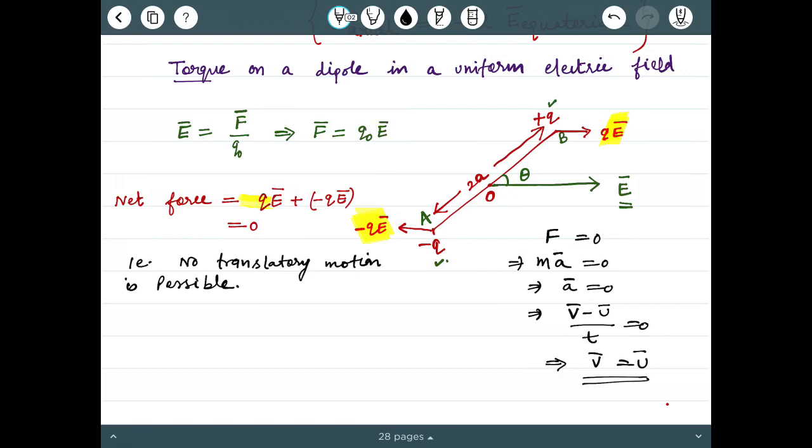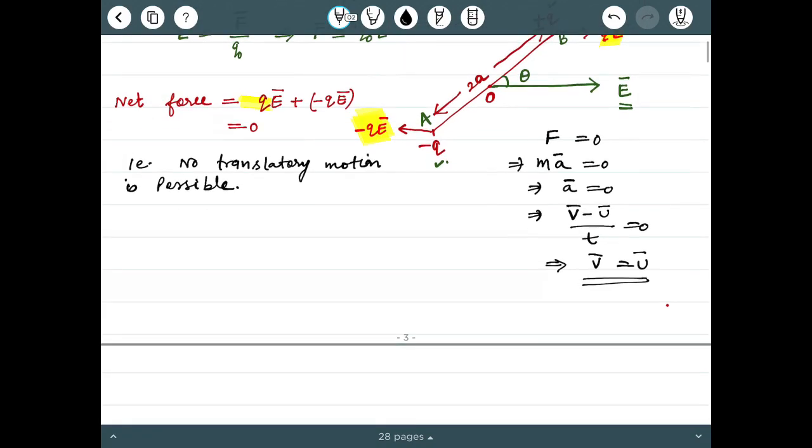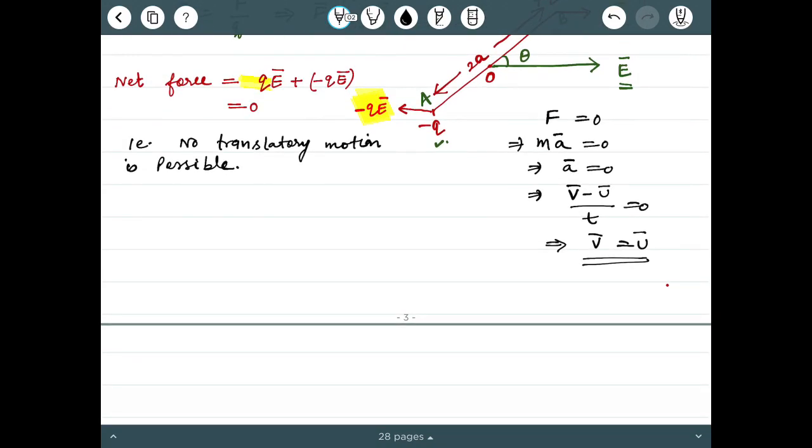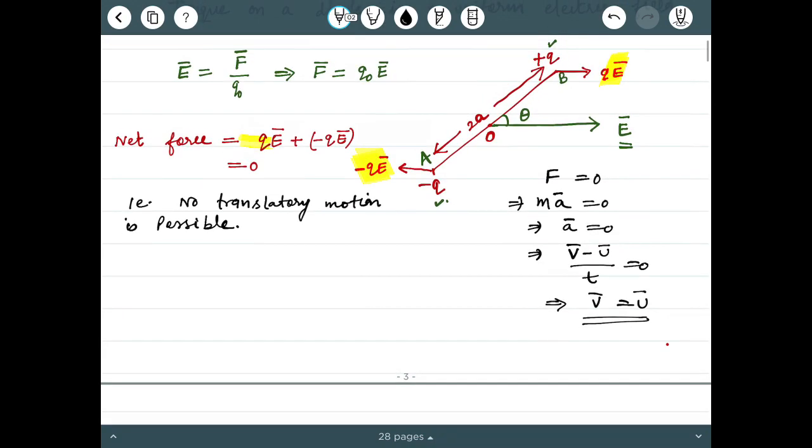So if the dipole is at rest, and obviously in this case the dipole is kept at rest, it will remain at rest. That means no translatory motion is possible if net force is 0.